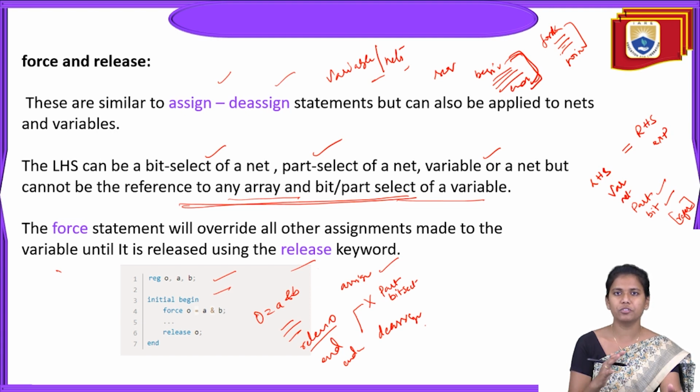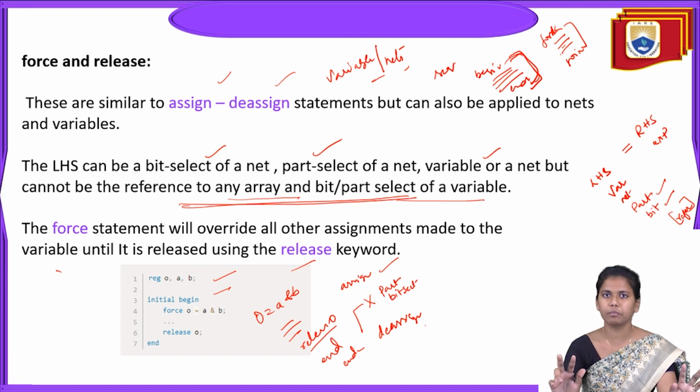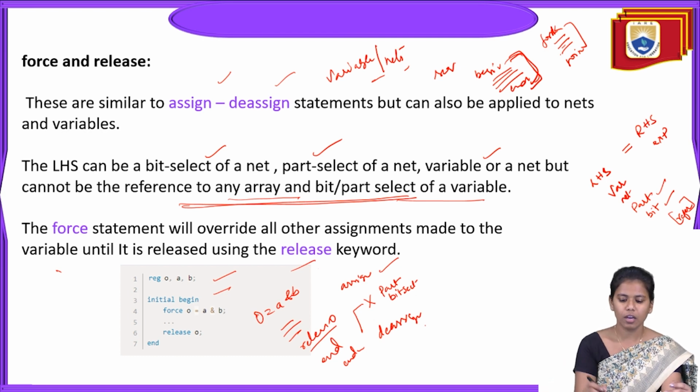Coming to the procedural continuous assignment, the statements are represented in two forms. One is assign and deassign, and the second one is force and release. Assign and deassign are mainly used for alteration, in order to change. For example, when my q is equal to 0, this is what I'm assigning.